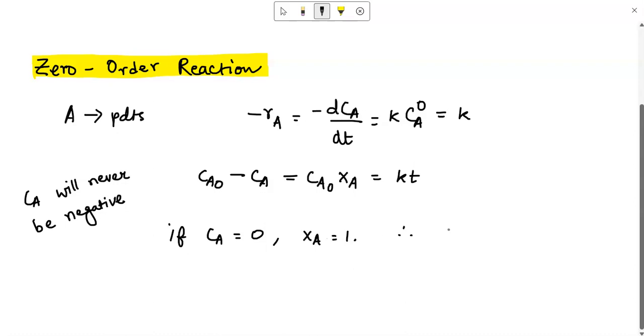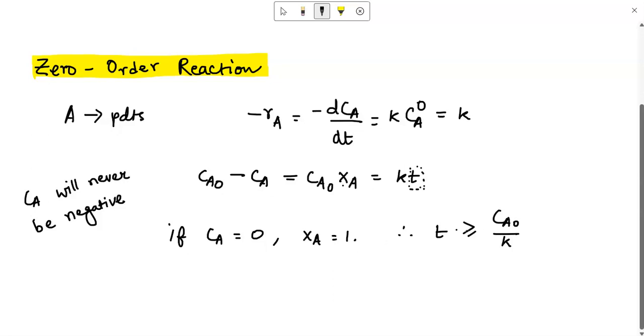Therefore, we can say that the time for which CA goes to 0 is given as CA0 by k. Simply substitute this t value such that XA equals 1.